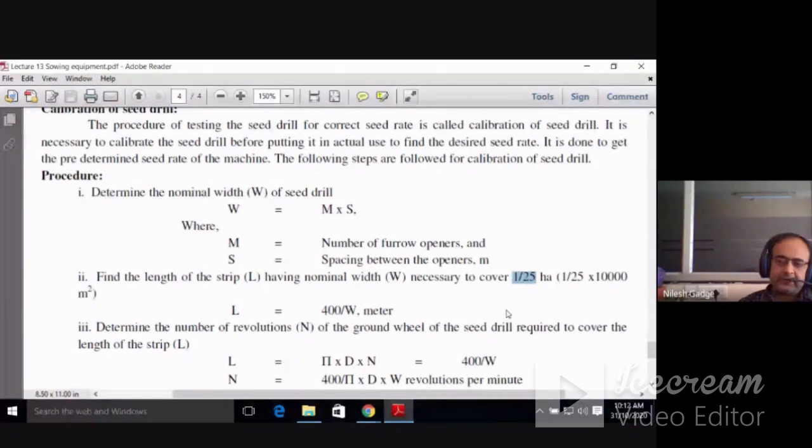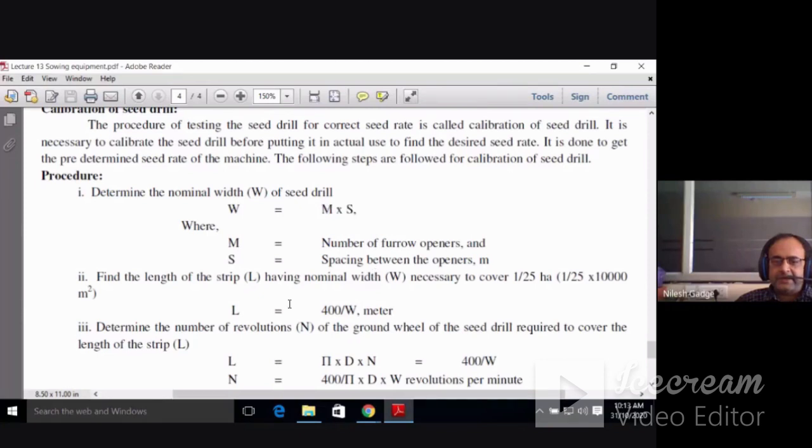Now the area should be converted into the length of the strip. So find the length of the strip having a nominal width W necessary to cover 1/25th of 1 hectare, meaning 400 square meter area. So the length is calculated as 400 square meters, which is 1/25th of 1 hectare, divided by the width of the seed drill, and the width is calculated by m into s.